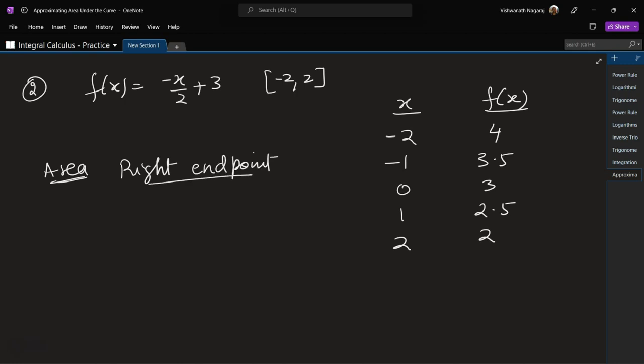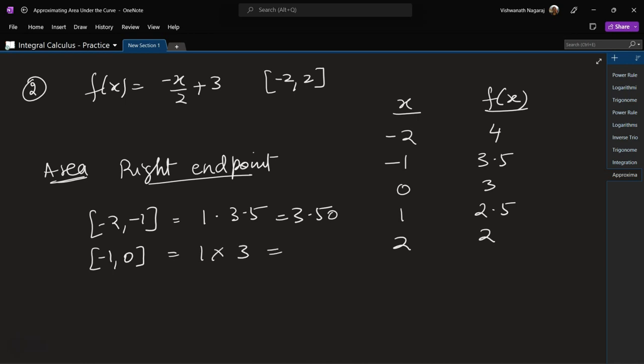Okay, so now this would be from minus 2 to minus 1. This would be 1 times 3.5, right-handed. Okay, which is 3.5. Then minus 1 to 0 would be 1 times 3, which is 3.00.